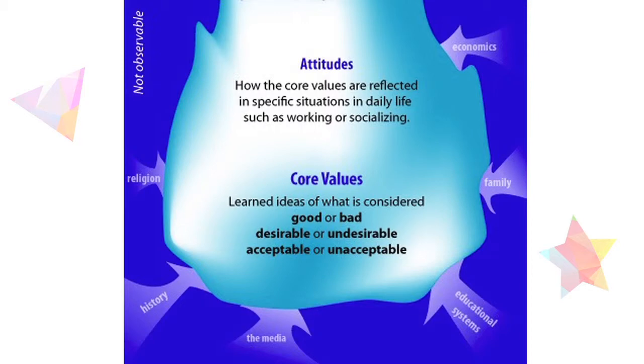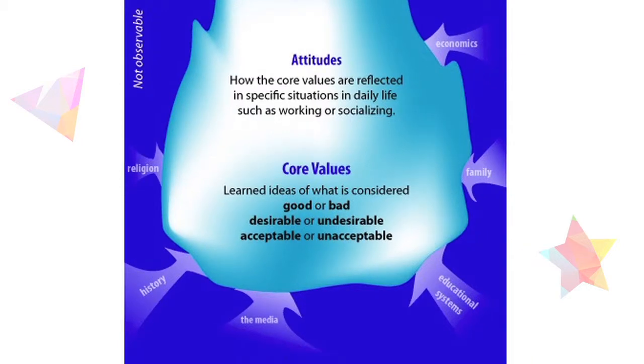And how are those shaped? Those are shaped by many different contexts, of course, by our upbringing, our parents, our schooling, our social context, our religions, our educational system. Many different factors that are influencing those core values. Our media increasingly plays a big role.